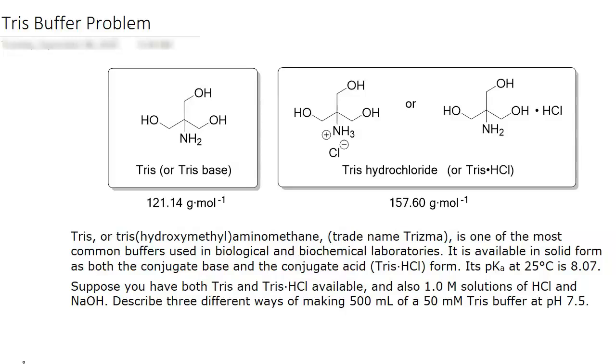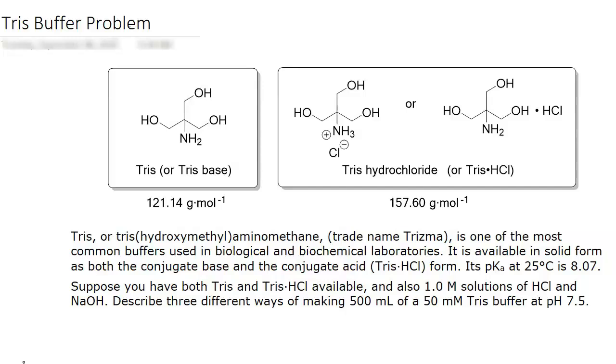So the question here says, suppose you have both TRIS and TRIS hydrochloride available, and you also have 1 molar solutions of hydrochloric acid and sodium hydroxide. Describe 3 different ways of making 500 milliliters of a 50 millimolar TRIS buffer at pH 7.5.